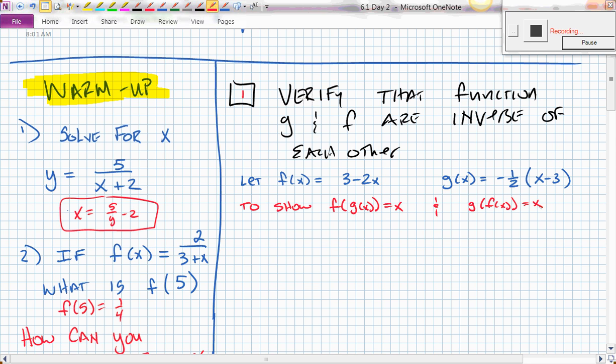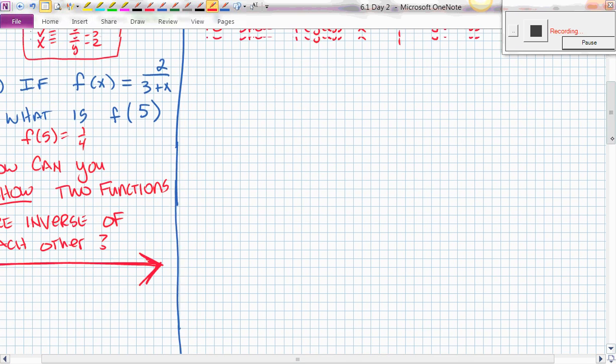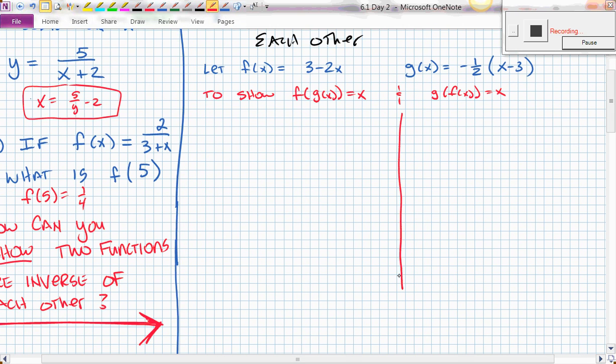What is that called when we put one function inside of another function? Function composition. Exactly. I'd like to set the first one up for you, and then I want you guys to set the one on the right. So I want f of g of x. I literally want f of negative 1/2 times x minus 3, because that's what g of x is.